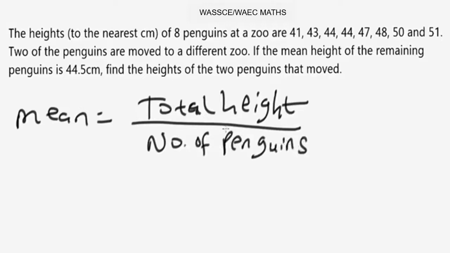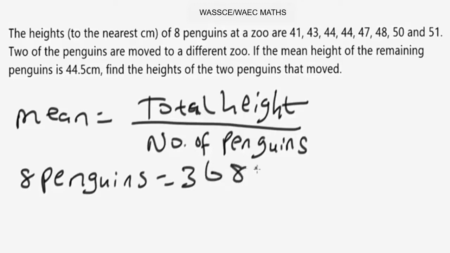Okay, now for this question, the total height of 8 penguins will be, when you add all the 8 heights we have in this question, it will give us 368 cm. By the time you add everything here, to give it 368 cm. Okay, now that we have the total height to be 368 cm.